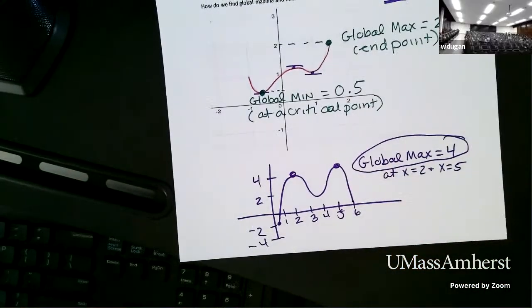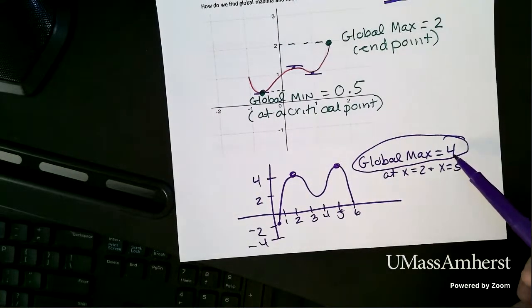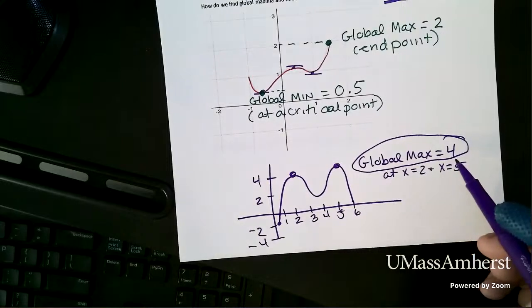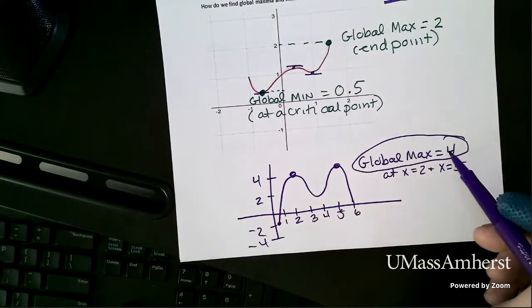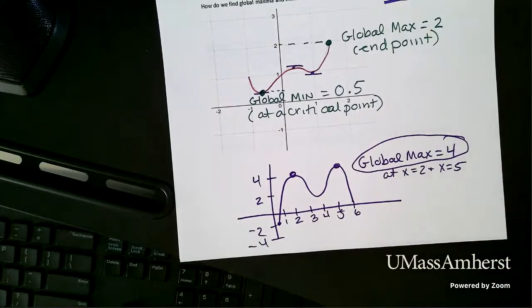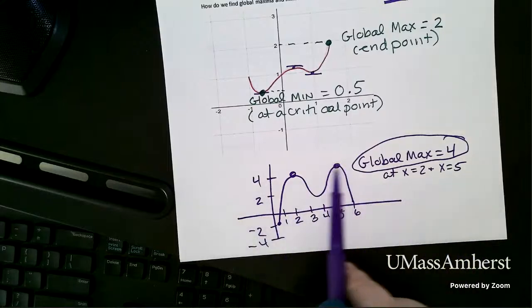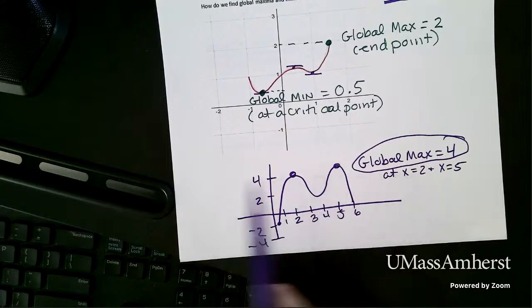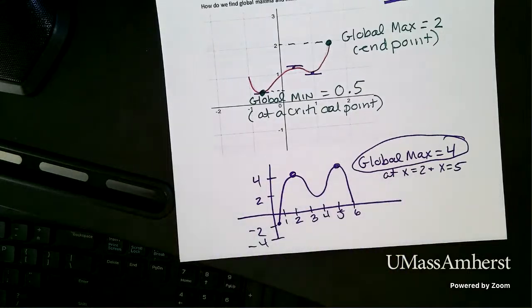It's 4. Since we're defining it by the y value, it can only have one, because if you said it was at 4 and at 6, that means that there's a y value of 4 and 6, and 6 is bigger, so it would really just be 6, right? So even though it can happen at more than one place, since we define it by the y value, there's only one global max or min stated, okay?